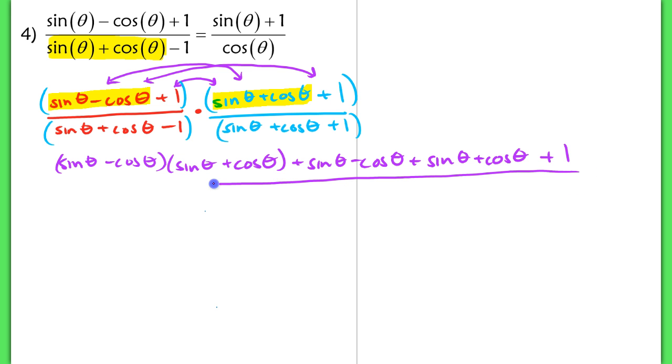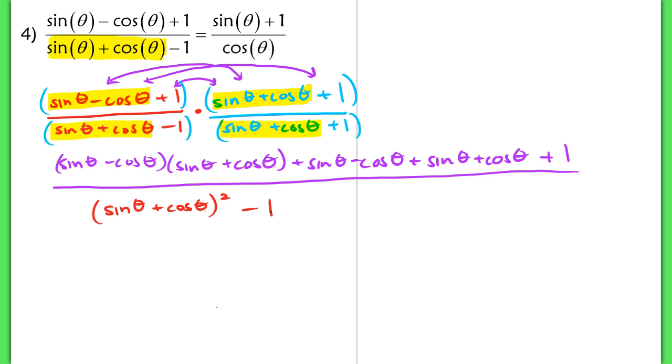Okay, so there's the numerator. We'll work on simplifying that in just a second. In the denominator, the reason why we're multiplying by a conjugate is to create a difference of squares. So again, let's group the first terms here together. And we create sine theta plus cosine theta squared minus 1.